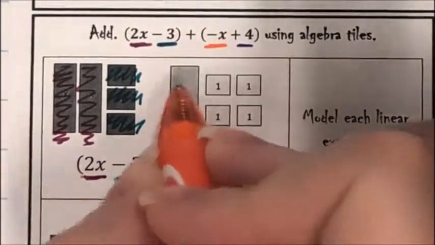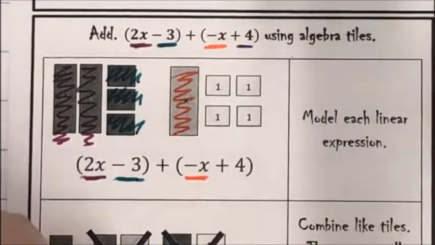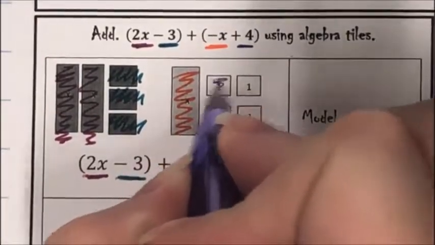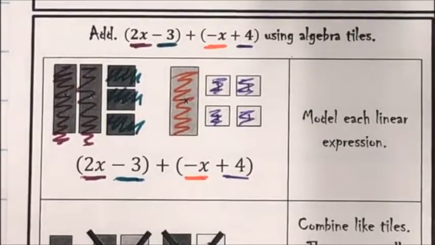And then for my second, I have a negative x plus 4. So that's the model for those two linear expressions.